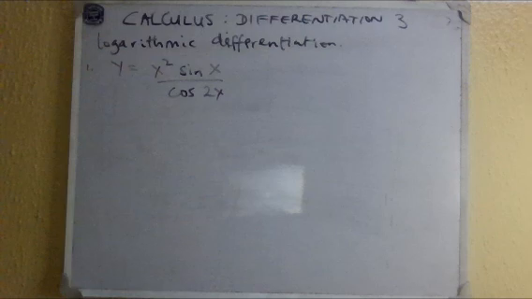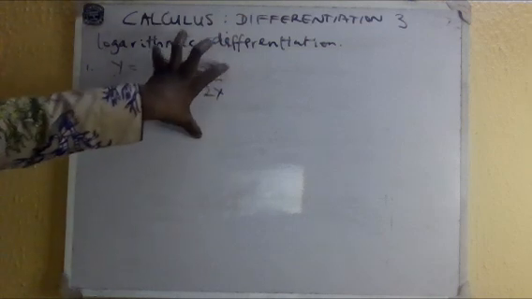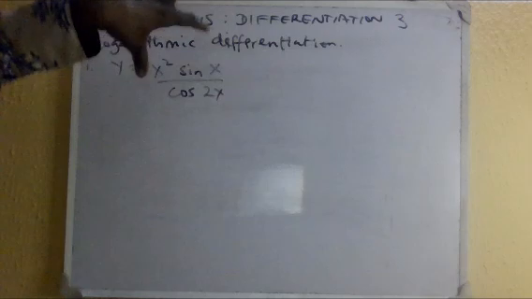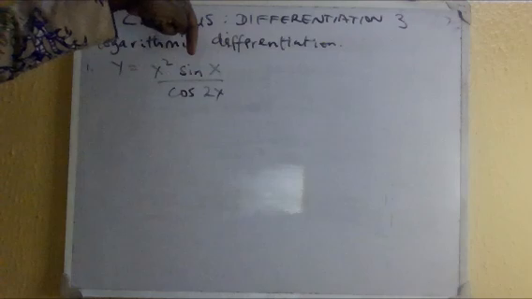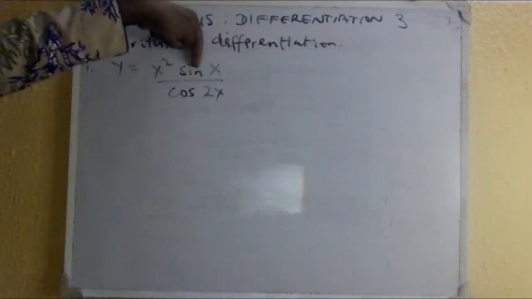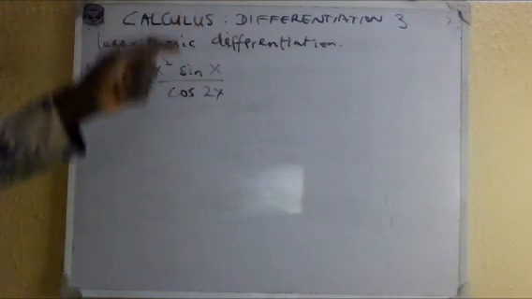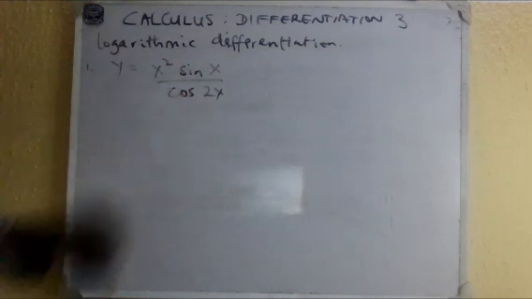So I can identify the functions here. y is equals to this, but there are three functions inside here. x squared is our u, sine x is our v, and cos 2x is our w.